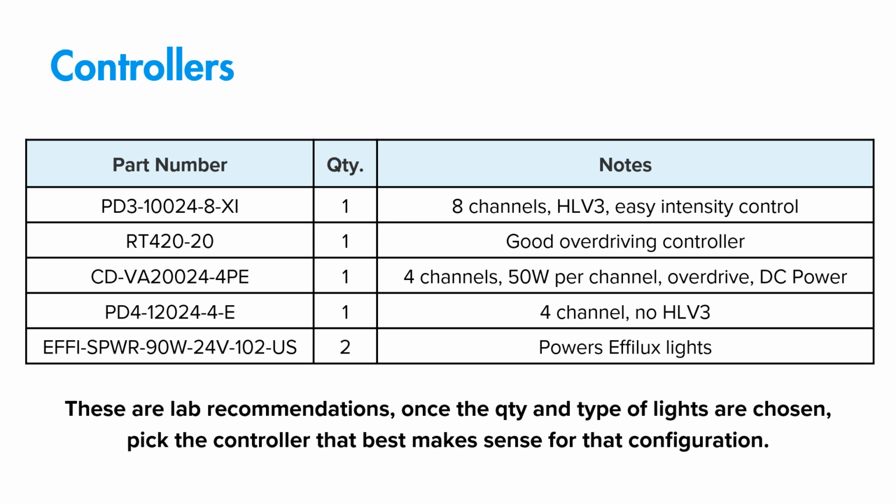Just because you tested with the PD310024 does not mean your low angle ring light needs to have that controller. It could probably get away with a much smaller one for a lower cost. So make sure that, after you have all of your lights chosen, go through and then choose the best controller you're going to sell in that scenario.